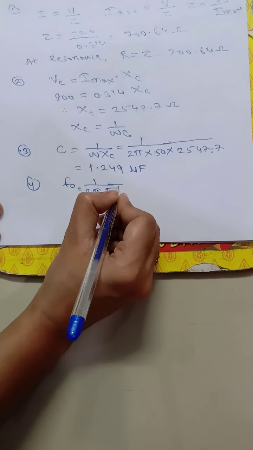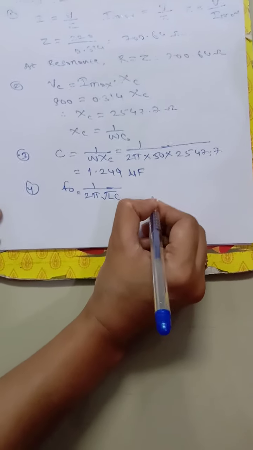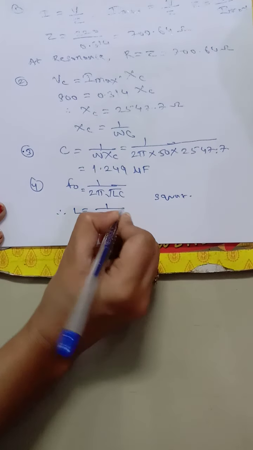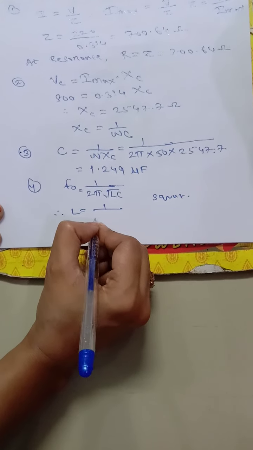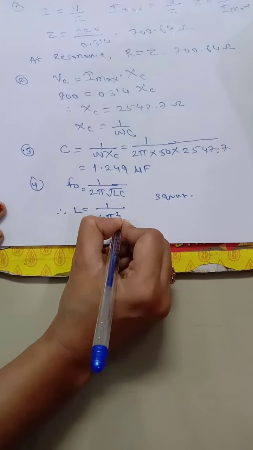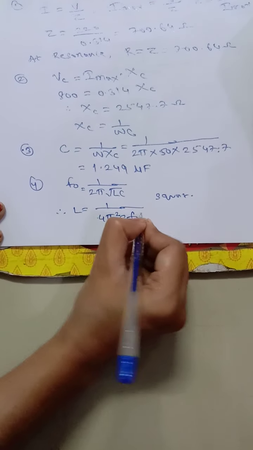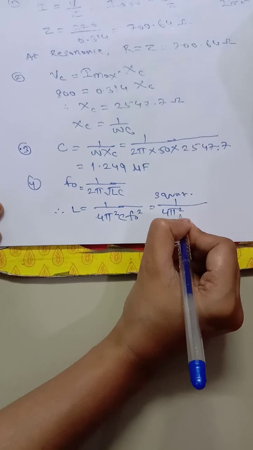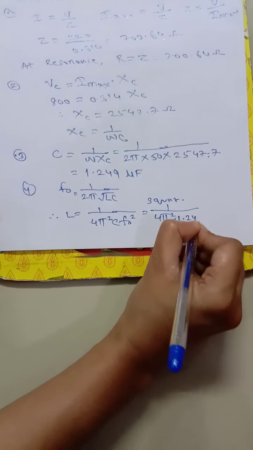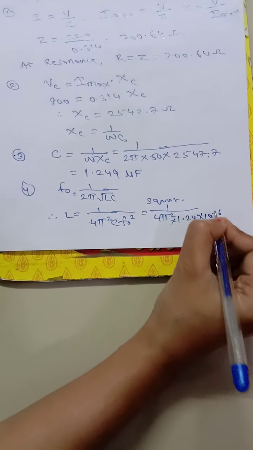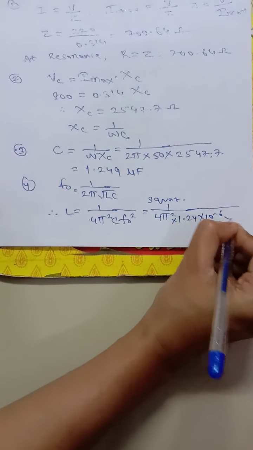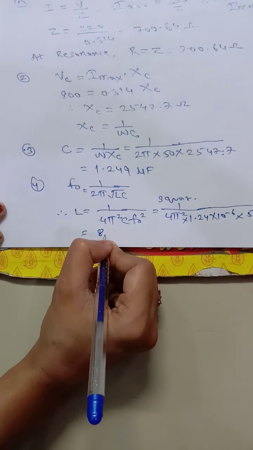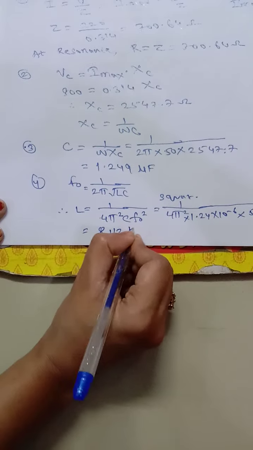In this way, squaring on both sides, you can calculate the inductor L equals 1 divided by 4 pi square C into F0 square. So 4 pi square into C, which is 1.249 into 10 to the power minus 6, and F0 square, that is 50 square. In this way you will calculate the inductor as 8.112 Henry.